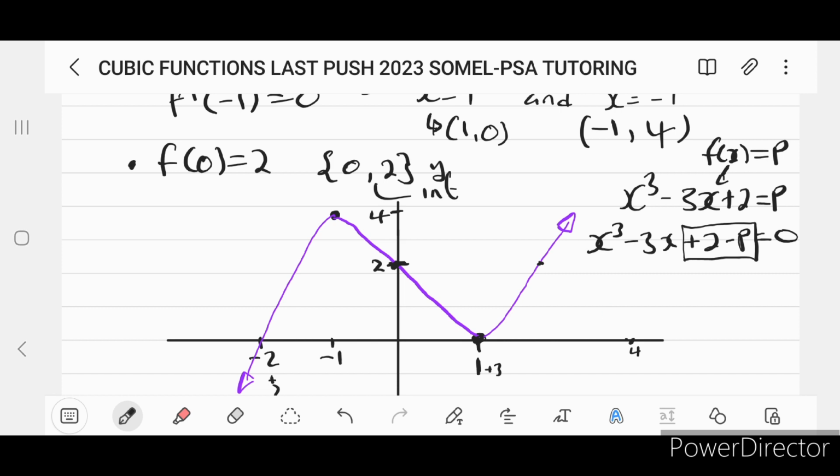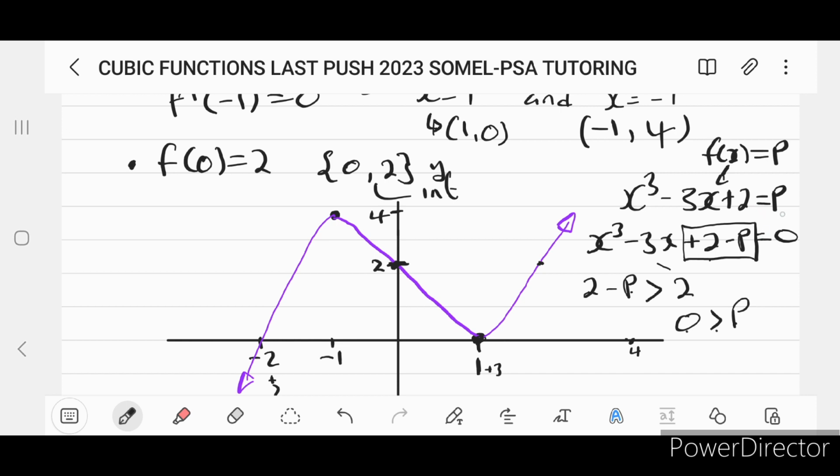For me to move it up, this intercept, which is 2 minus p, must be greater than the current y-intercept, which is 2. So p can come to the other side, which is going to be positive p, and the sign maintains. The 2 comes that side, 2 minus 2, which is 0. So p must be less than 0. Any p that is less than 0, the function will go up.